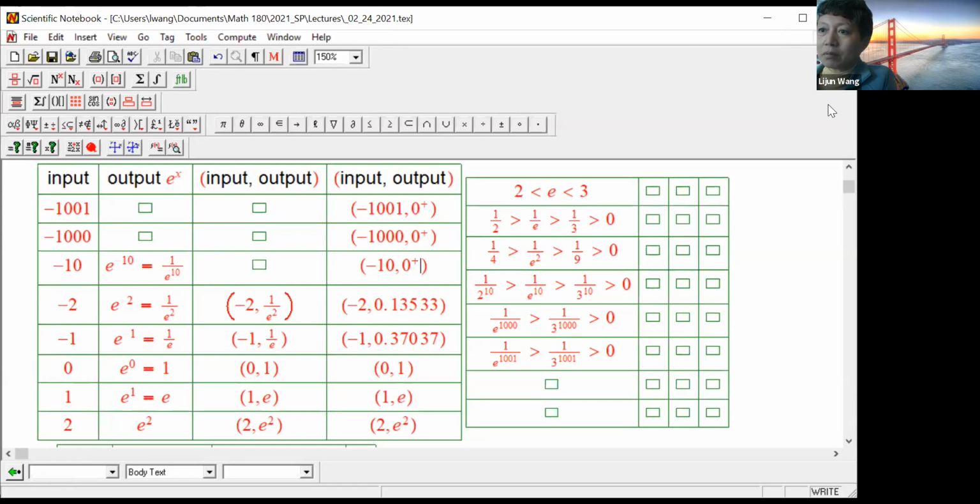What does this mean? A number larger than 0. Do you follow me? I just want you guys to get used to that notation.